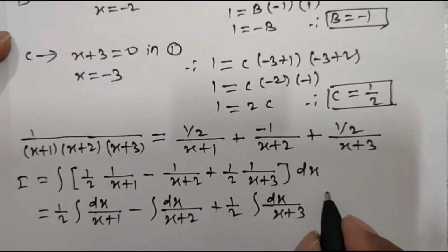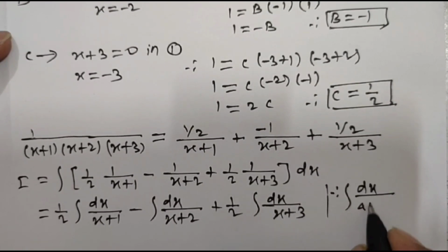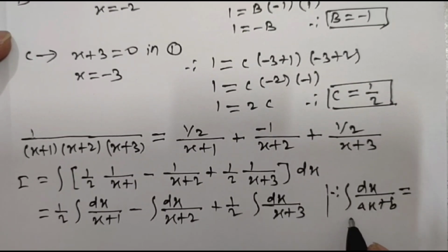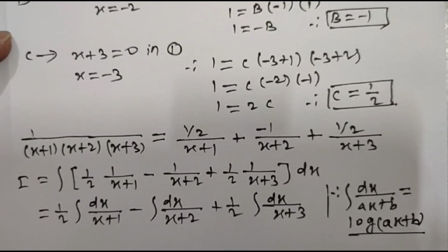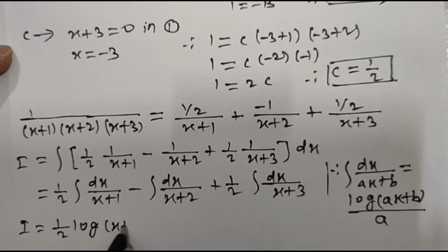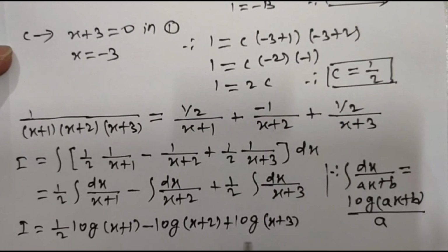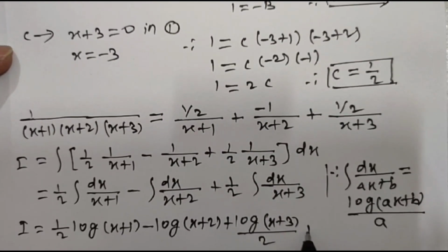Applying the formula of integration, integral of dx/(ax+b) is the logarithm of (ax+b) divided by the derivative of (ax+b), and the derivative of ax+b is a. Hence I = 1/2 log(x+1) - log(x+2) + 1/2 log(x+3) plus the integral constant C.